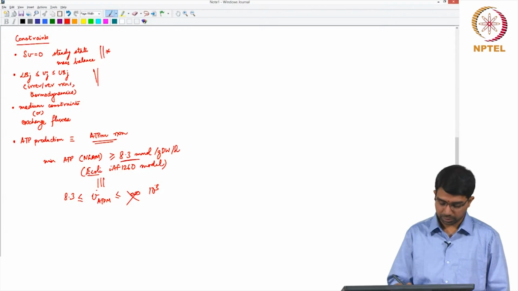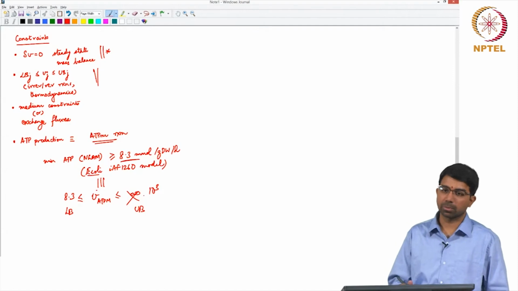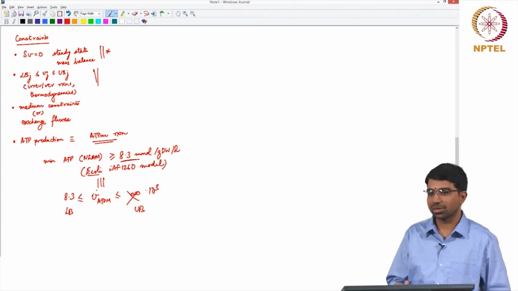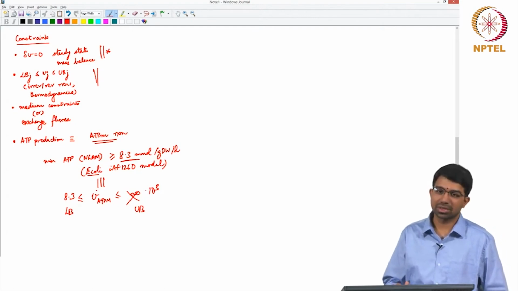Why don't we put that in the upper bound, lower bound itself? Yeah, that is what this is, right. So, this is LB, this is UB. So, this constraint becomes important, but now there is a potential catch, right. As always in this course, let us try to emphasize on practice rather than theory. What happens when you actually try and simulate this?